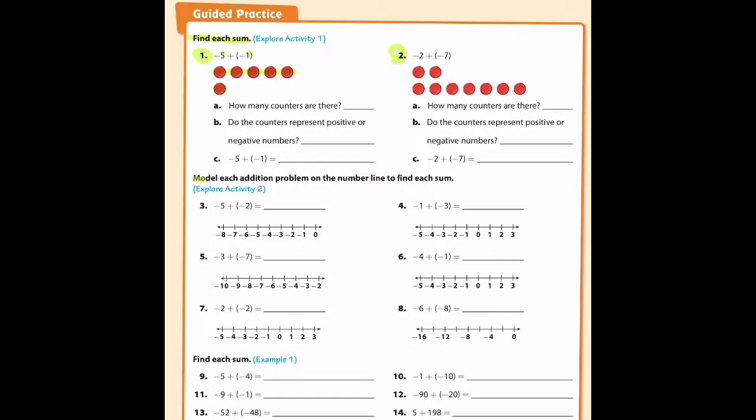For the next part, numbers 3 to 8, you have to use the number line. For example, this one starts at -5, so I'm going to start at -5, and I have to add 2 negatives. So I have -5, and then I get 2 more negatives. So 1, 2 more negatives. So therefore my answer is -7.